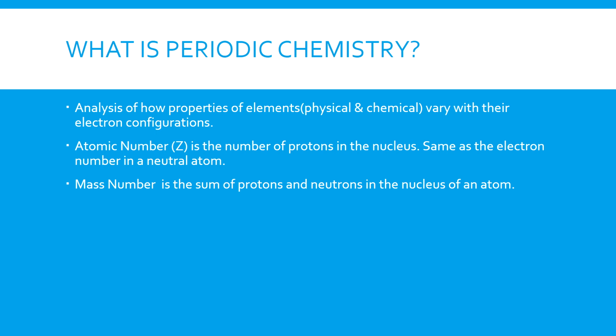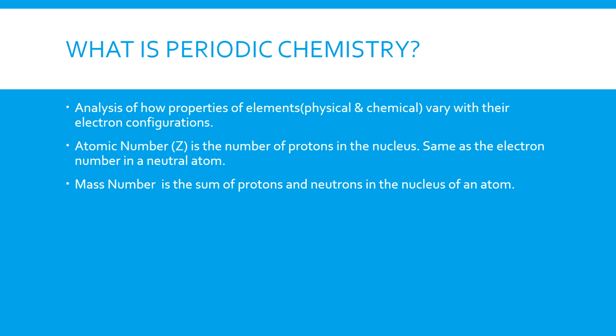Okay, so we are just going to look at our periodic table, and all that we are going to do is some analysis. We are just going to analyze how physical properties and chemical properties vary with changes in the electron configuration. So we'll study as we go on, and you get the whole concept better.